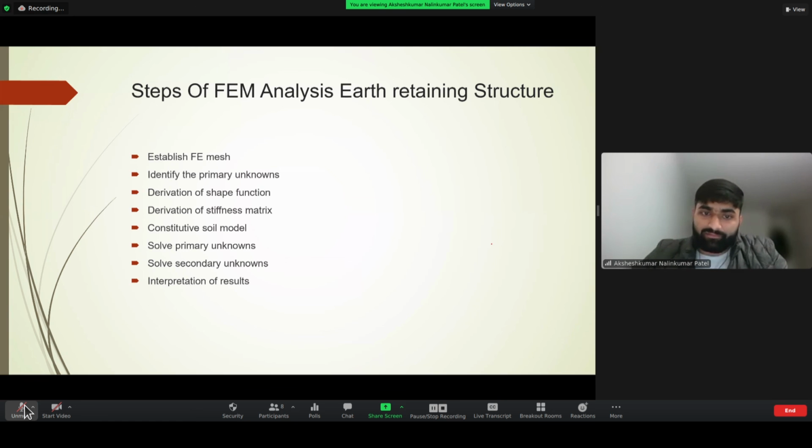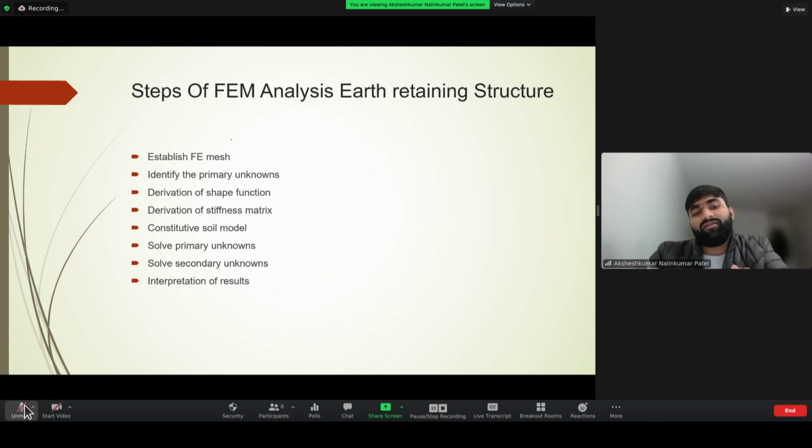First we establish the finite element mesh, then we identify the primary unknowns, and we derive the shape function, which is based on 1D, 2D or the number of nodes we selected. The derivation of the stiffness matrix is a very important part. And we also derive the constitutive soil model, and we can easily solve for the primary unknowns and secondary unknowns.